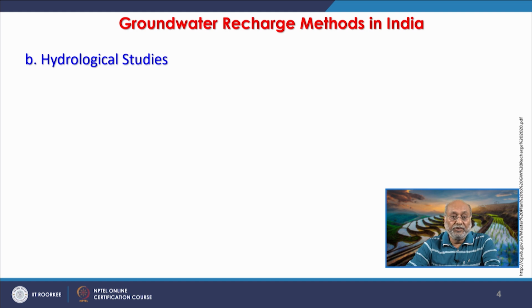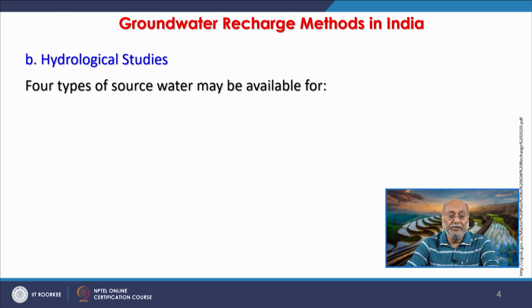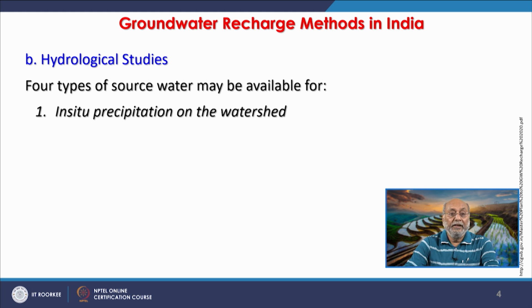The second study required for a particular area is hydrologic studies. There are four types of sources of water in surface conditions. Generally, such studies, and this is an important point, should be done on a watershed basis so that the estimations are more accurate.